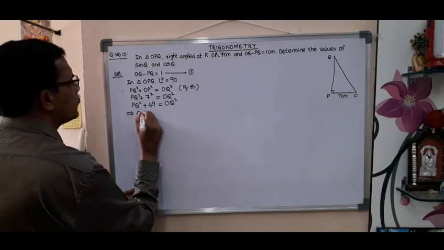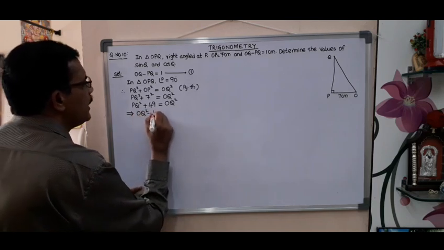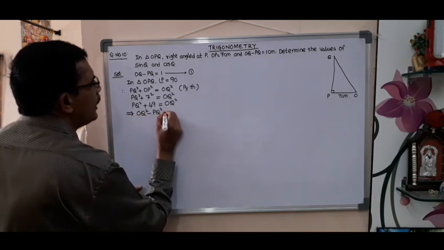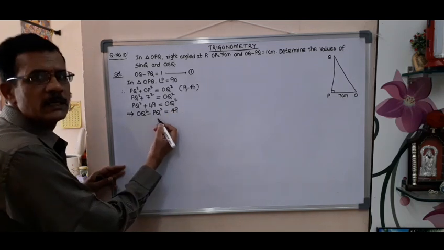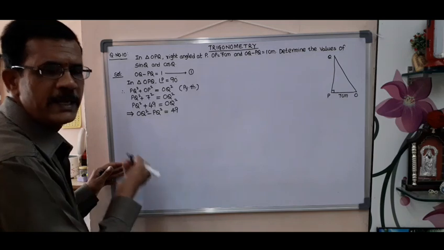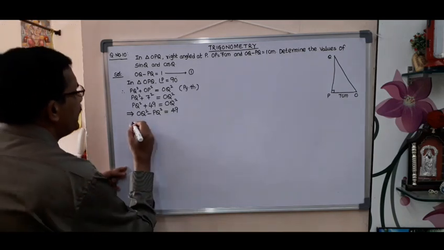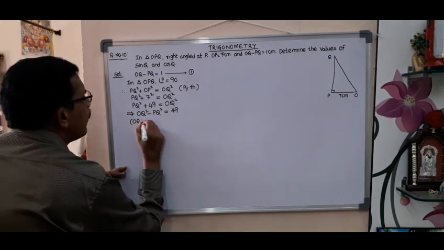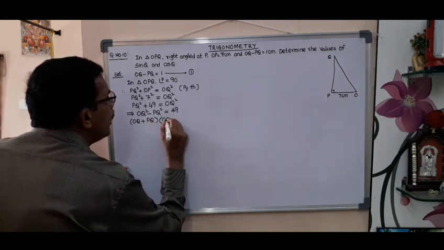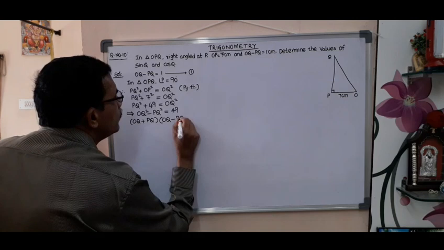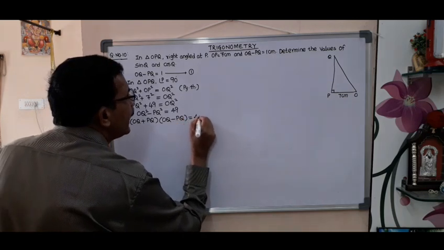Implies OQ square minus PQ square is equal to 49. It is A square minus B square form. So can be written as A plus B into A minus B. OQ plus PQ into OQ minus PQ is equal to 49.